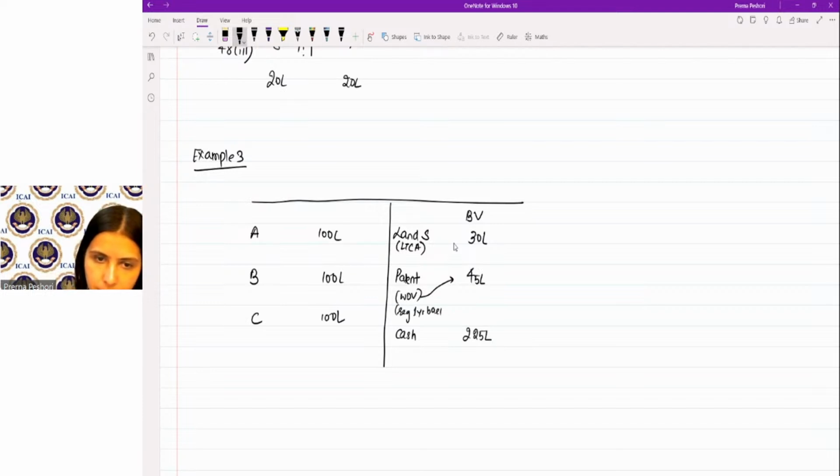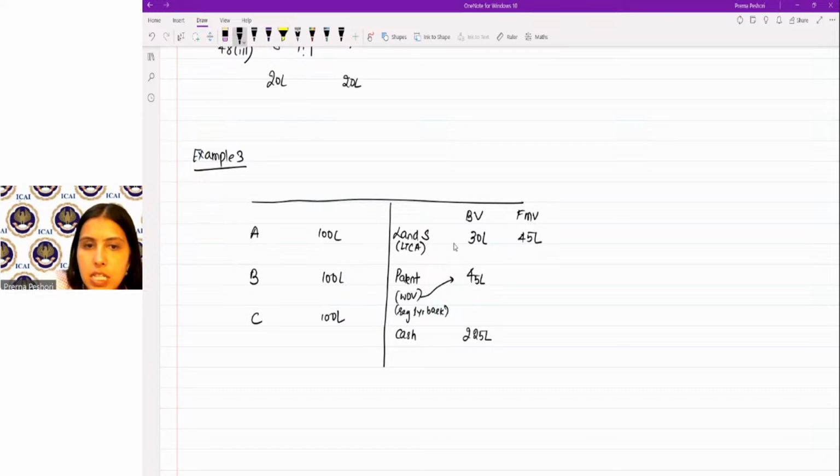Now A wishes to exit, so they have taken the net asset value. They have revalued the land and patent based on the valuation report. So the fair market value of land comes to 45 lakh.